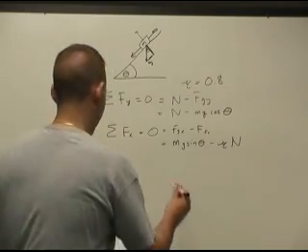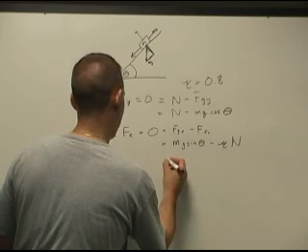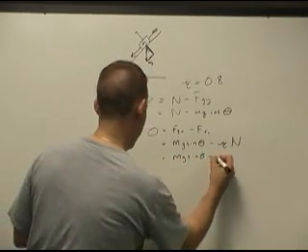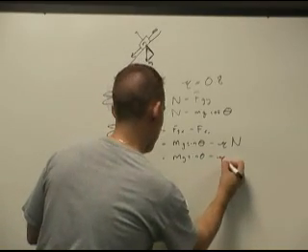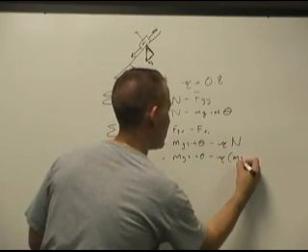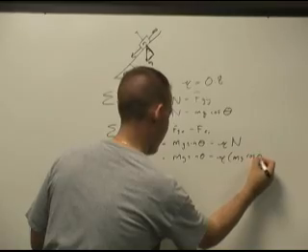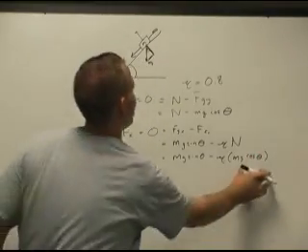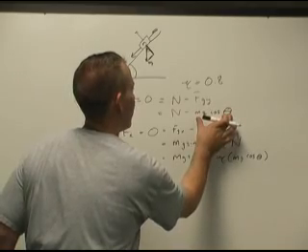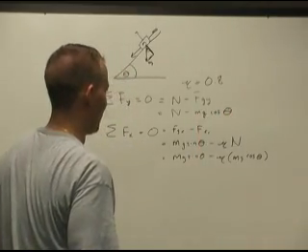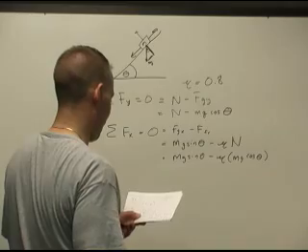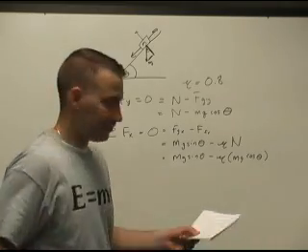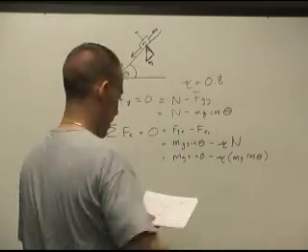Here, this is equal to mg sine theta minus mu times mg cosine theta, because mg cosine theta is what we get for the normal force, because the two forces are equal.